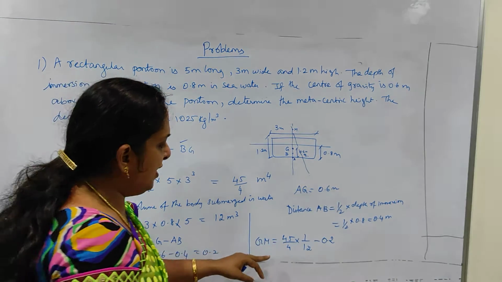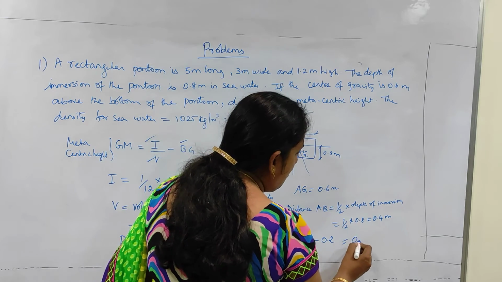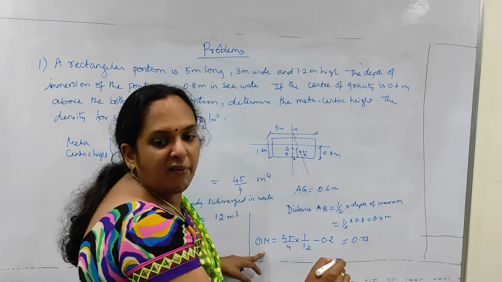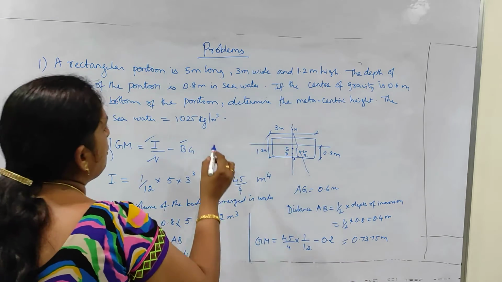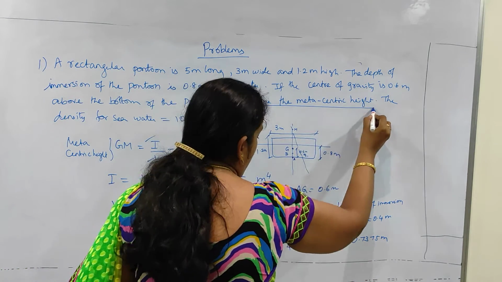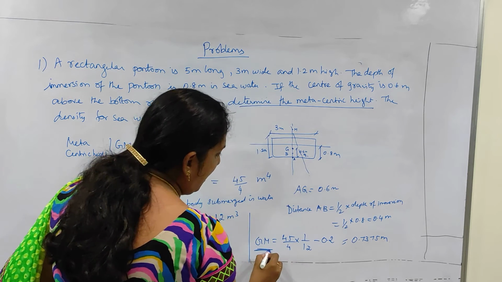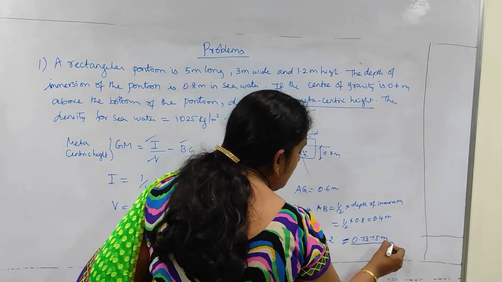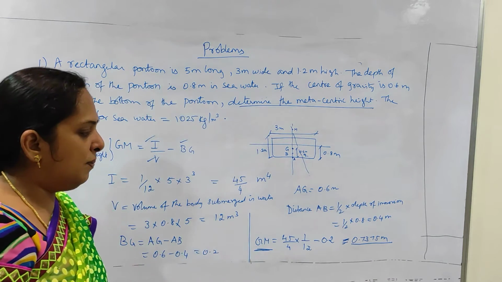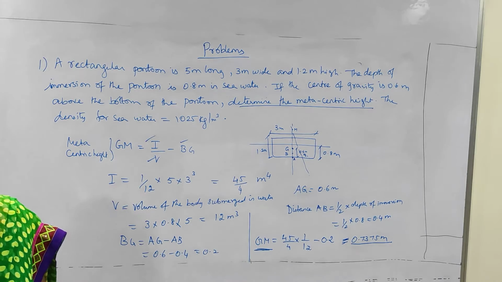When you solve this, I am getting GM as 0.7375 meters. My question was to find the metacentric height. Since it is a height, its unit is meters. So the metacentric height in this problem is 0.7375 meters.